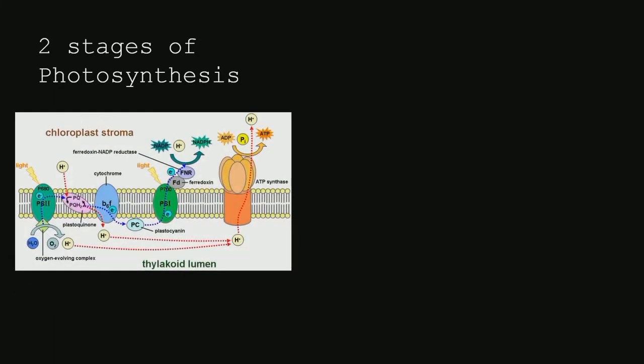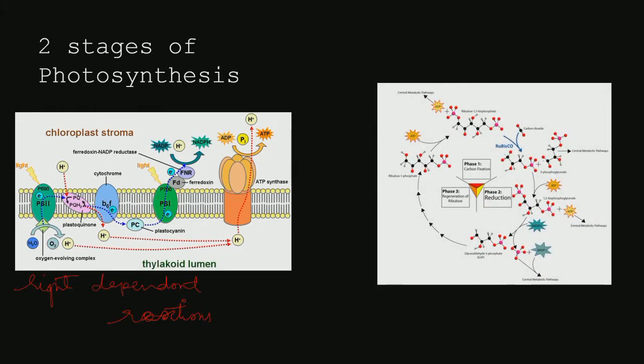Okay, so let's talk about the two stages of photosynthesis. The first one is the light-dependent reactions, and then, sorry for my bad handwriting, you have the Calvin cycle, or the light-independent reactions.